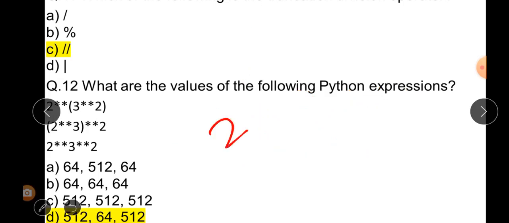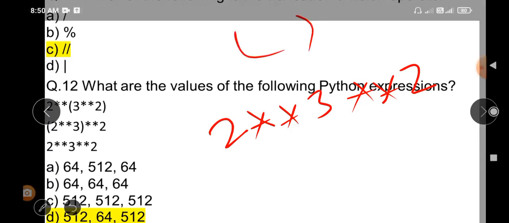And that is given: 2 double star 3 double star 3 double star 2. Now no bracket is given. As far as parenthesis is concerned, there is no sign of parenthesis there. Generally in mathematics we use the term bracket, but in the Python programming language the correct word is parenthesis, which represents a small bracket.